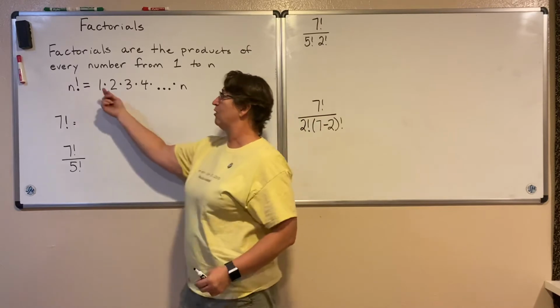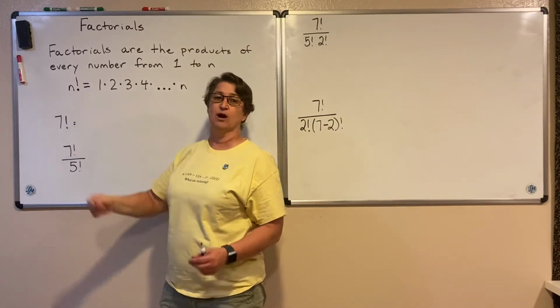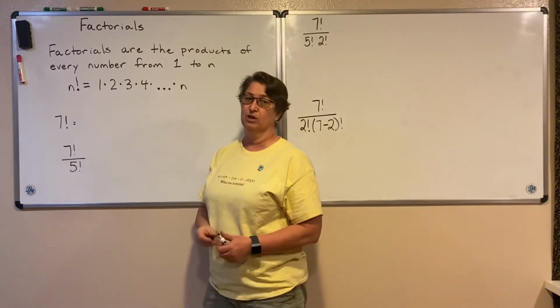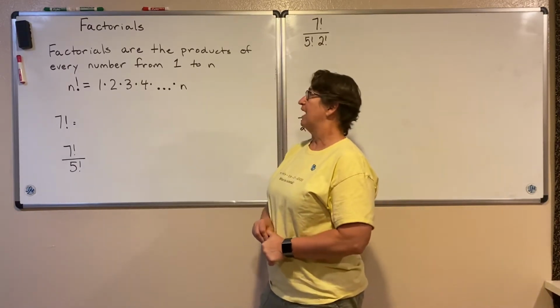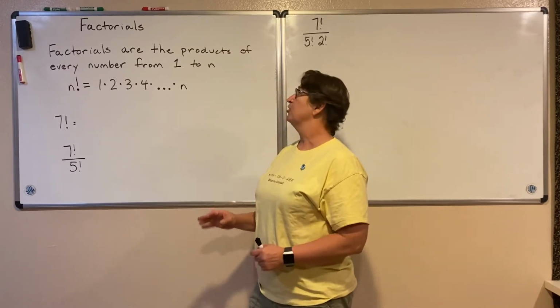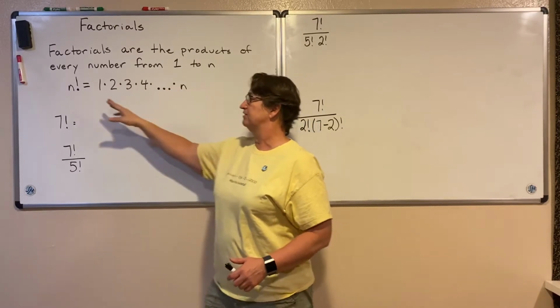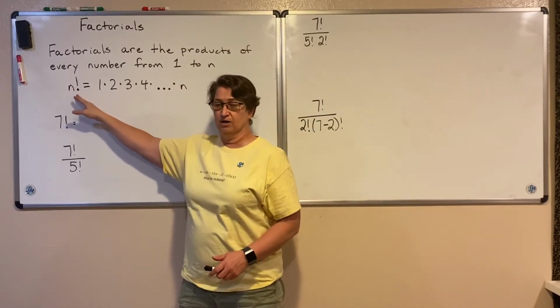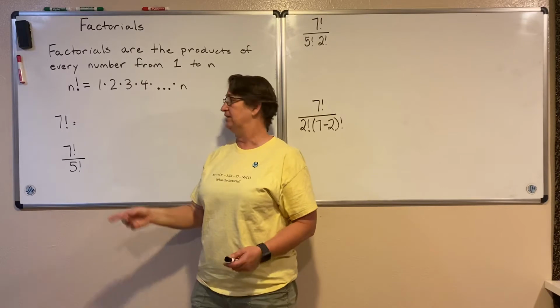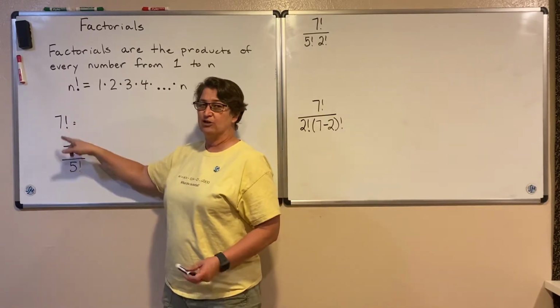And we show a factorial with an exclamation mark. This exclamation mark means factorial in mathematics. So a factorial is just the product of every number from 1 up to whatever number it is that's in front of your exclamation mark. That's all that factorial means. So this factorial, we read it as 7 factorial.